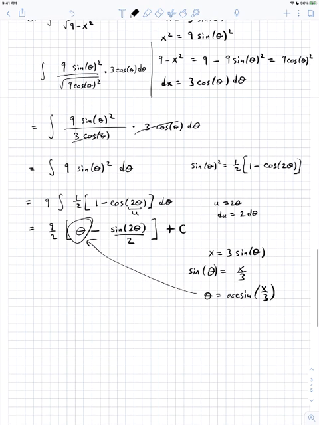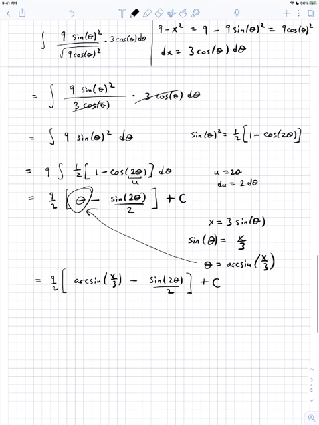Well, what about this sine of 2 theta? So far we have 9/2 times theta, which is arcsine x over 3, minus, but we still have the sine of 2 theta over 2 to deal with. And for that, we need to use a different trig identity. For that, we're going to use a half-angle identity.